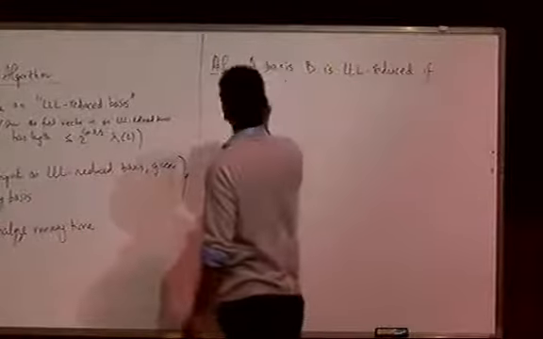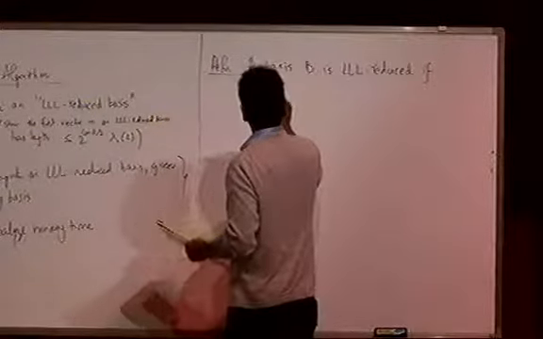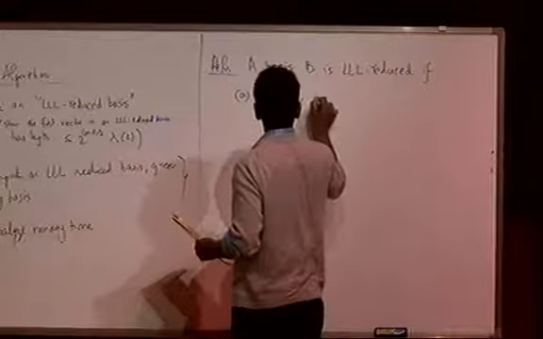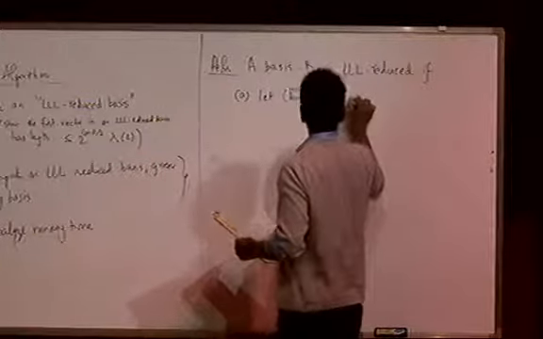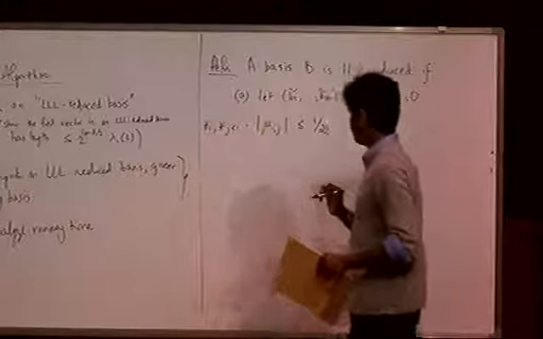The first condition is that we'll let B1 tilde up to Bm tilde be the Gram-Schmidt orthogonalization, GSO. The first condition says that for every i and for every j less than i, the absolute value of mu sub ij is at most a half.